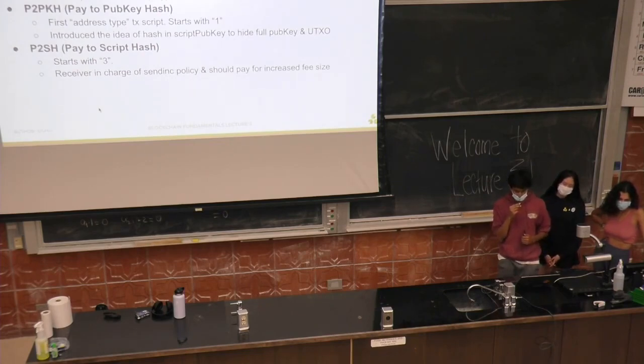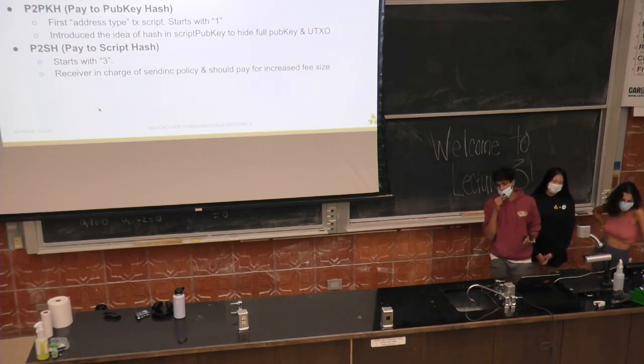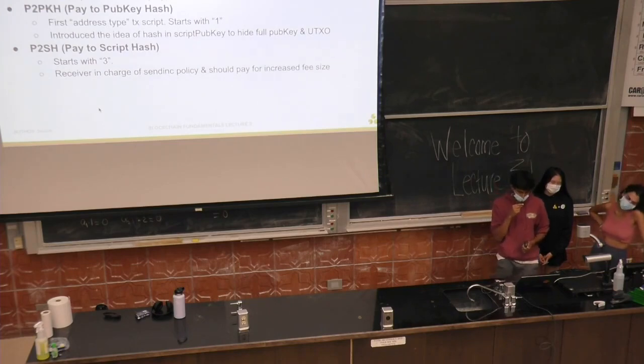After pay to public key came pay to public key hash, where we started hashing the public keys that we're going to be paying to, and it introduced the idea of a hash in the script public key to hide the full public key in the UTXO, because when we had pay to public key, your public key in the UTXO was visible to everyone on the network, but by adding that one layer of hashing, no longer can they see how much is in your UTXO, or how much money you're sending anymore.